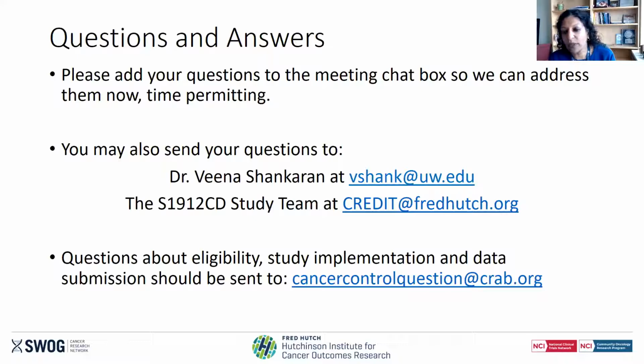I think there's a comment in the chat that one of the barriers is that we're requiring that the enrolled caregiver is married or filing jointly tax returns. That's primarily because we are trying to study financial status at the household level, so they have to be linked financially.